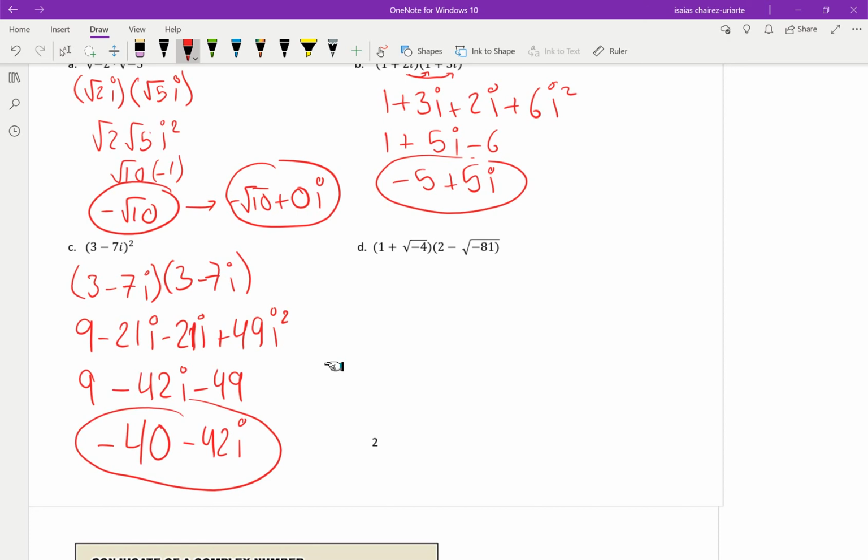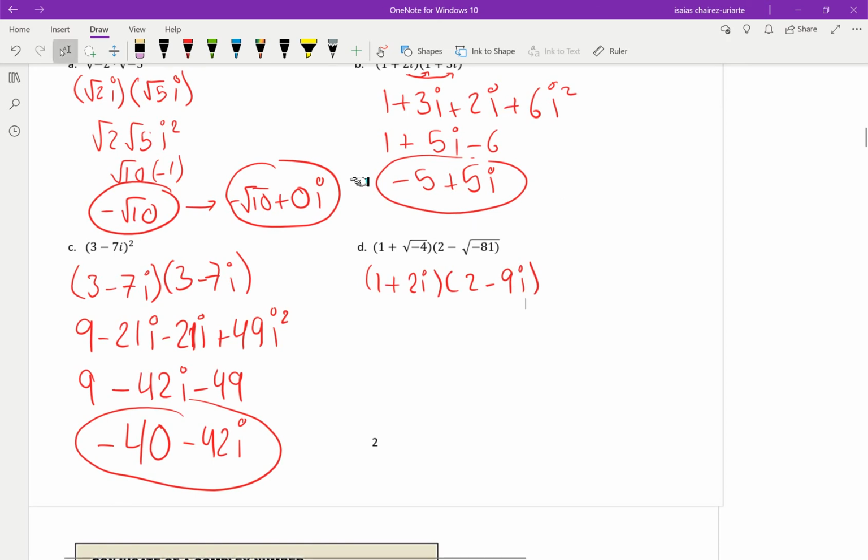Okay, let's try the last one. Here, this little square root got a little too crazy and took over this parentheses, but this square root is just supposed to only apply to negative 81. So let me rewrite this using i. So this becomes 1 plus 2i times 2 minus 9i. And now I can multiply this in the same fashion that I've been multiplying the other ones.